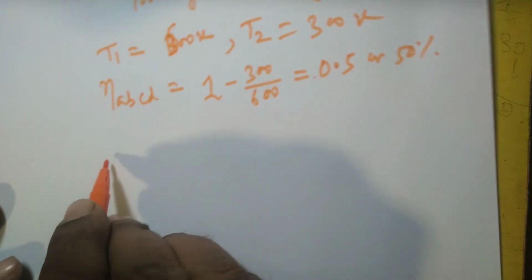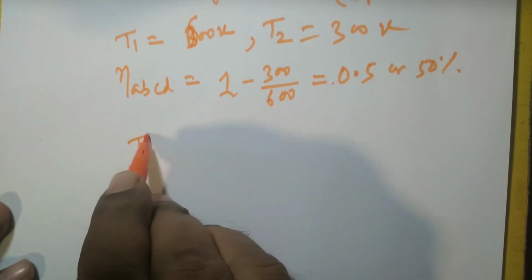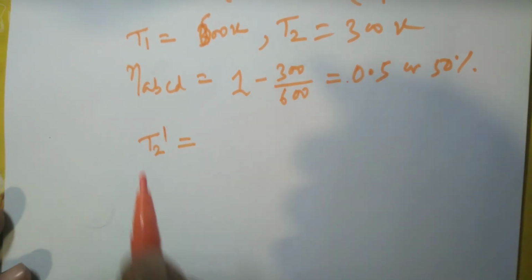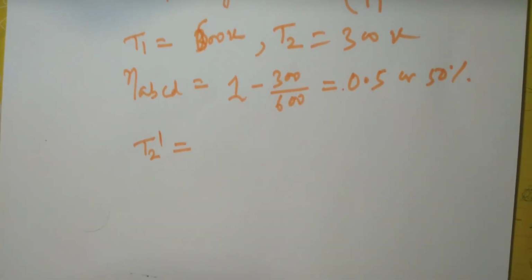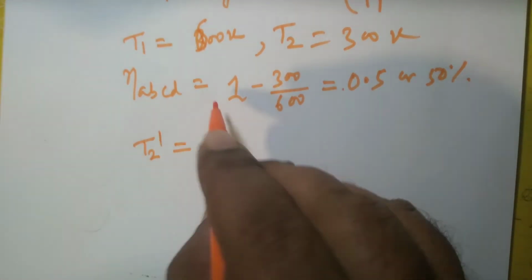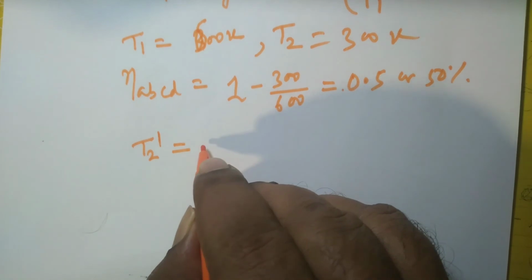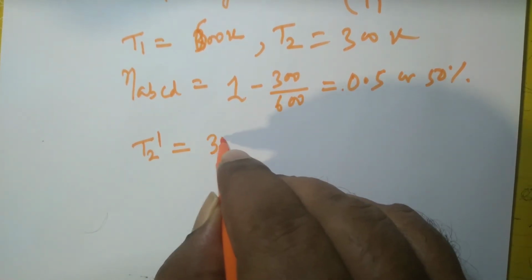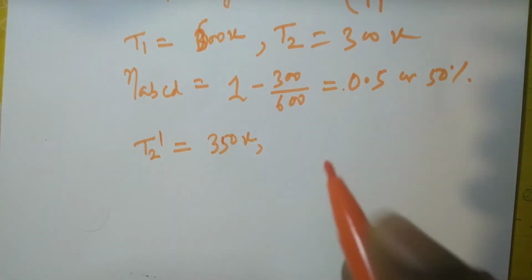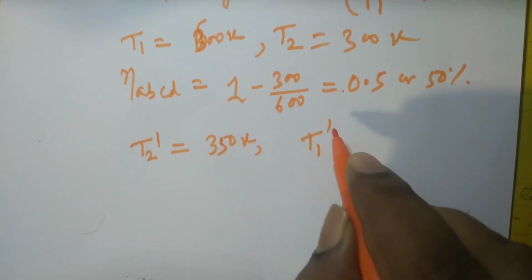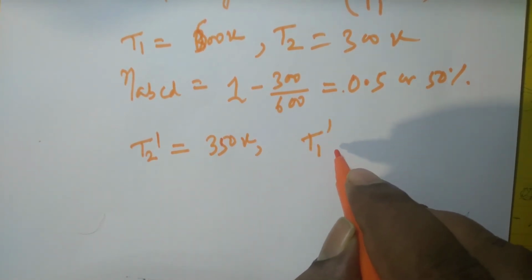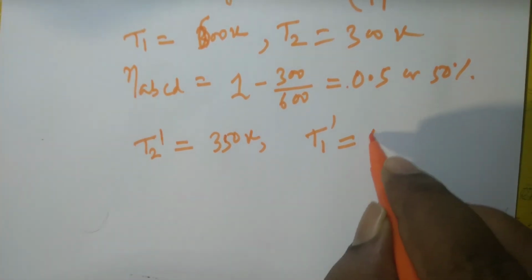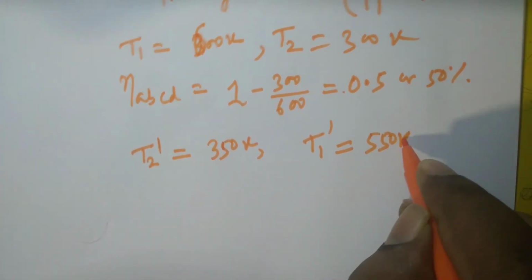But what about the oval cycle? Suppose in the case of the oval cycle, T2 dash is the temperature at which heat rejection takes place. It is obviously going to be greater than T2. Suppose it is 350 Kelvin, and T1 dash, the temperature at which heat supply takes place in the oval cycle, is suppose 550 Kelvin, less than 600 Kelvin.